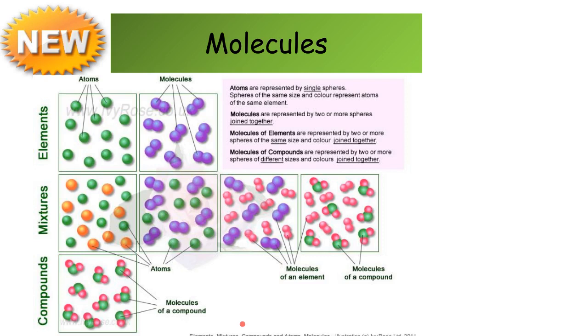Okay, so here we go. We're talking about the atoms and the molecules again. They're represented as spheres, chemically joined. That's the molecule. Mixtures, on the other hand, now notice the different sizes in here.